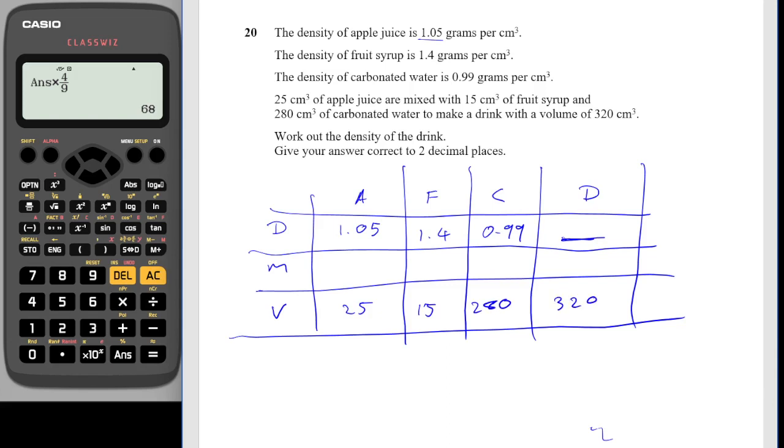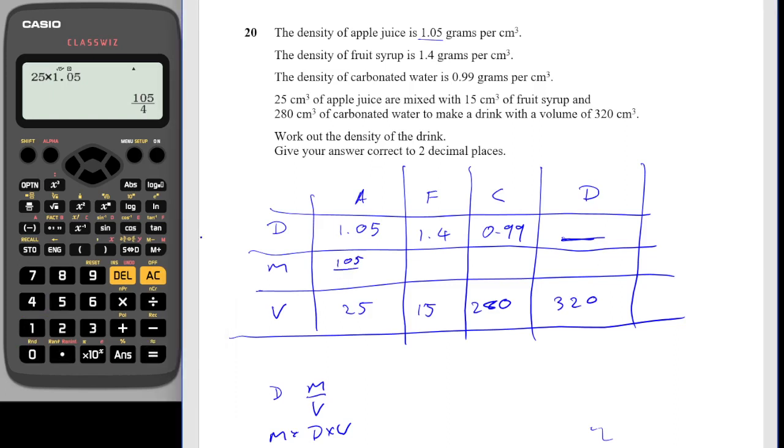Although we could have just added these three values together. Okay, so we need to work out the mass of these three and then add them together. So the mass of the apple juice, well, density is mass divided by volume. So mass is density times by volume.